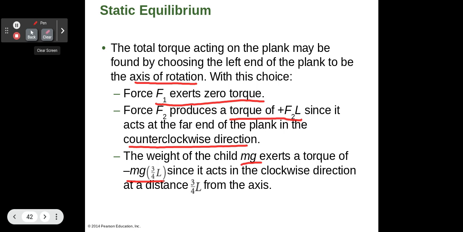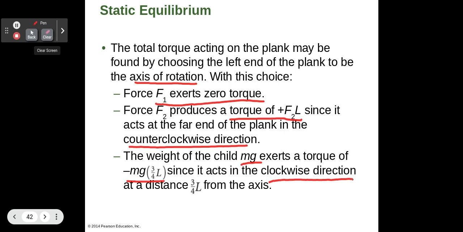He's sitting not quite in the middle, but also not on one end. And if you think about his force acting downward, so if you could rotate from his point, he would rotate clockwise. Okay. All right, so those are all of our forces.